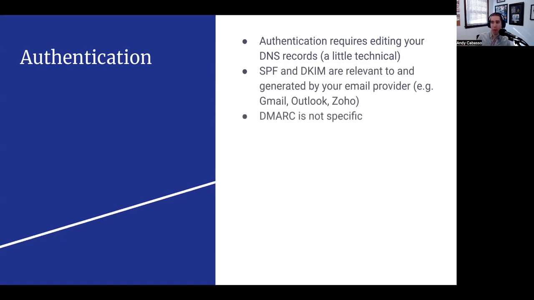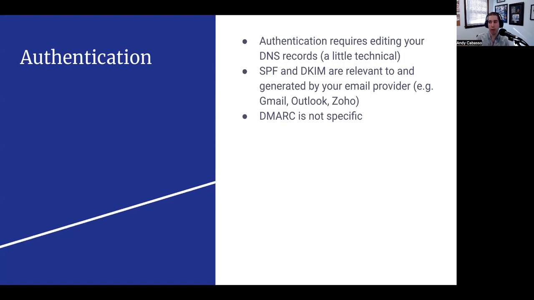The SPF record and the DKIM record are relevant to your email provider. So if you sign up for a Google Workspace account and you want to set up email through that, then Gmail or Outlook or Zoho will ask you to set up these specific records for SPF and DKIM.